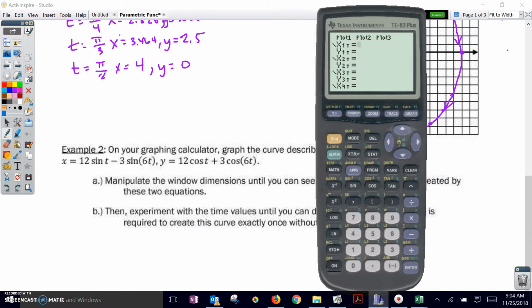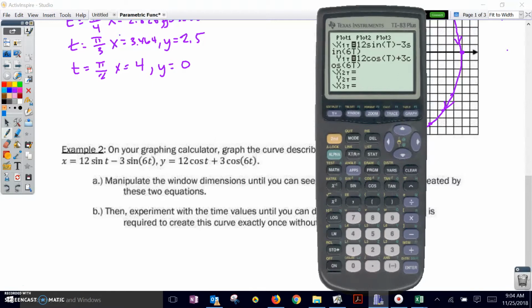I've got x equals 12 sine of t minus 3 sine of 6t, and y equals 12 cosine of t plus 3 cosine of 6t.